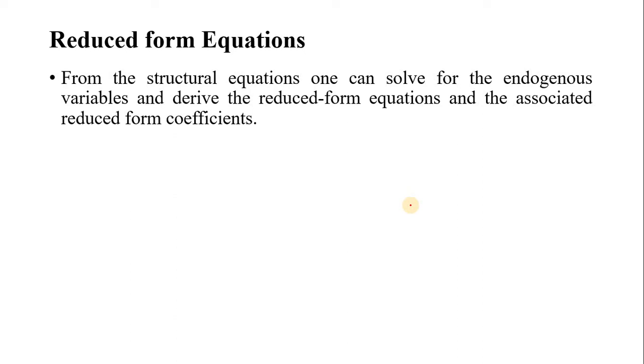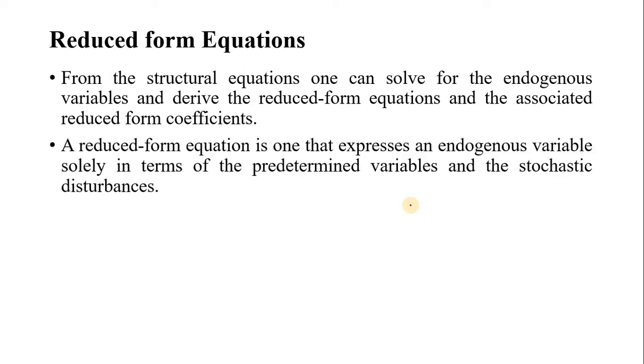Okay, so what we are doing is substituting the second equation into the first equation and the first equation into the second equation. So here we will derive two reduced form equations. Okay, I'll show you how to do that.